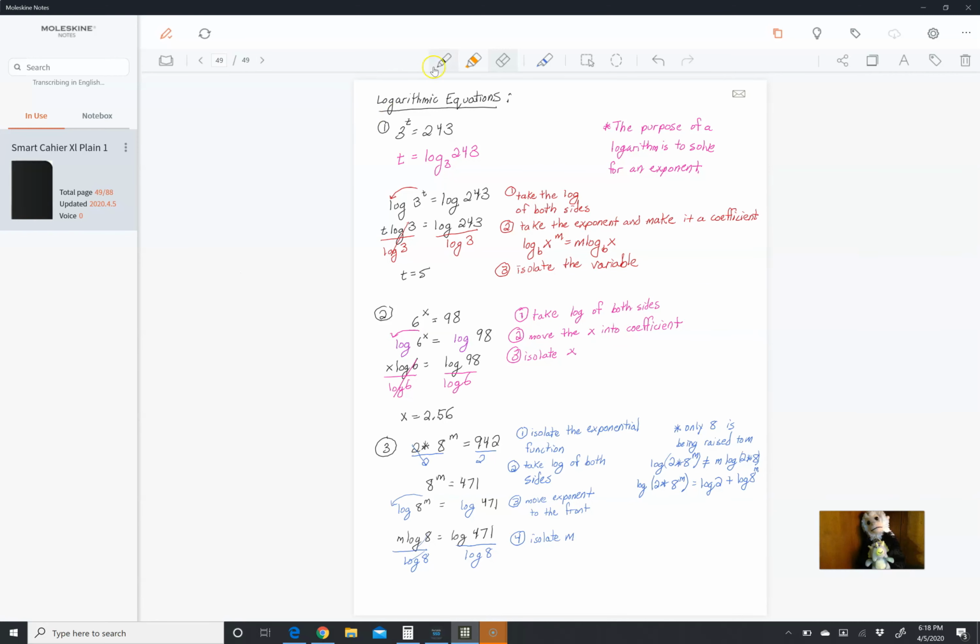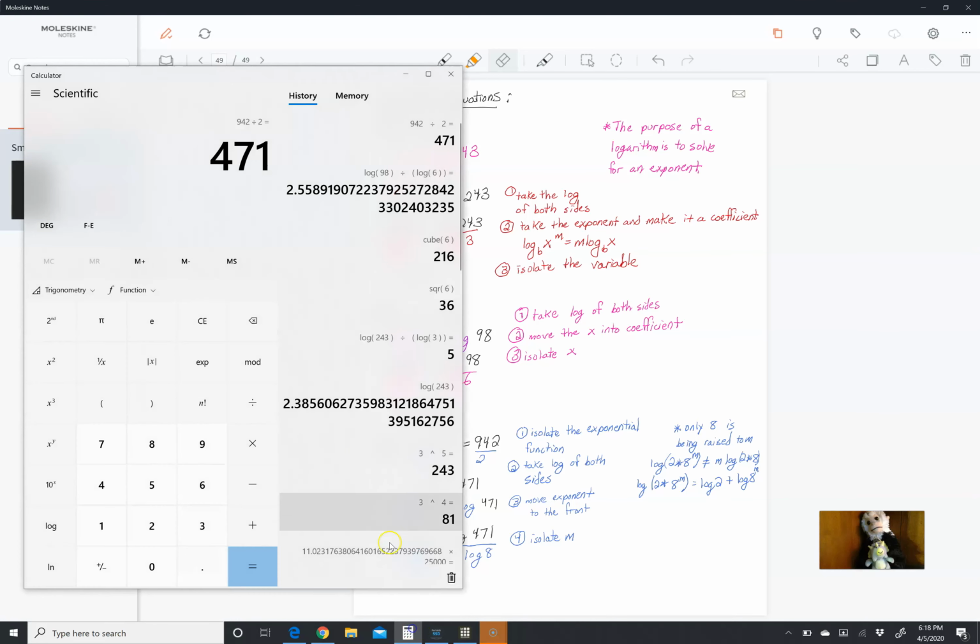And if we do this, again, we can go to our calculator. The log of 471 over the log of 8. So we type in 471 and then log, divided by, and then we're going to use parentheses, 8 log.